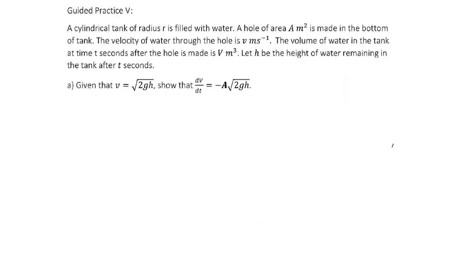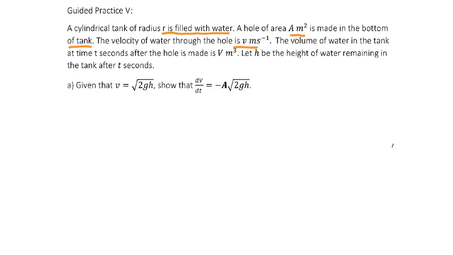Go to guided practice 5. A cylindrical tank of radius r is filled with water. A hole of area a meter squared is made in the bottom of the tank. The velocity of water through the hole is v meter per second.